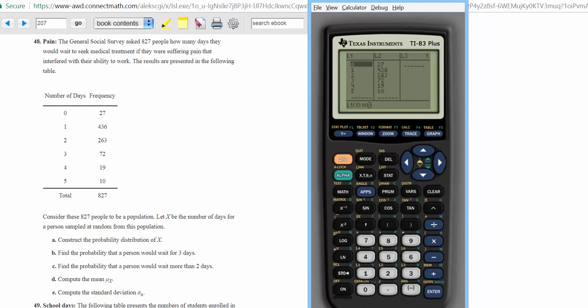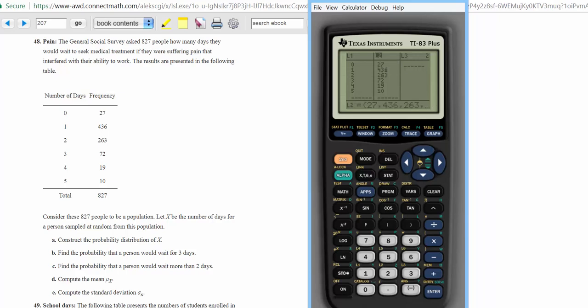So these are my x values. That's the number of days people would wait before going to a doctor, 0 through 5, and then in L2 I have my frequencies. Okay, to construct the probability distribution of x, I need to find the probability of each event happening. So I need to take the frequency and divide by the total.